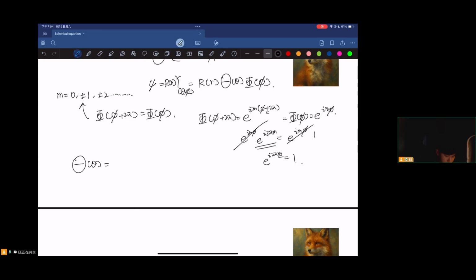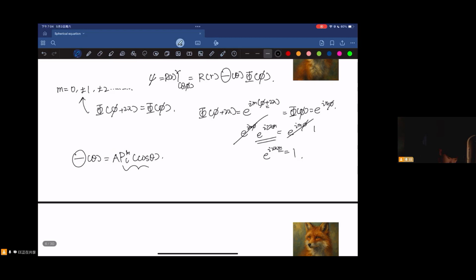It is equal to a constant, the A absorbed from the phi equation, times the associated Legendre function. And it's defined by, well, this quite long definition.